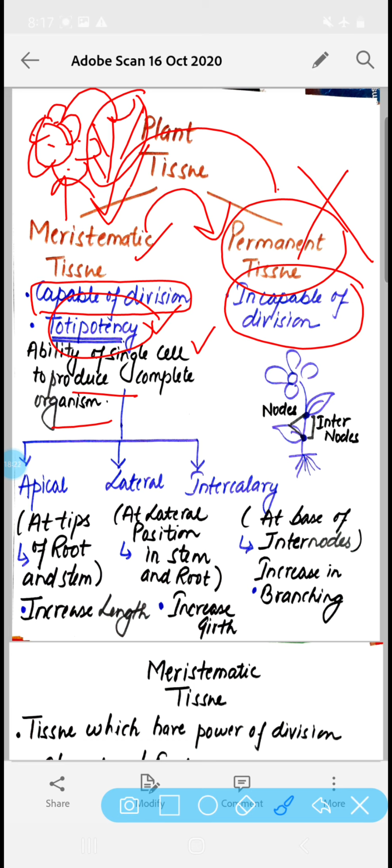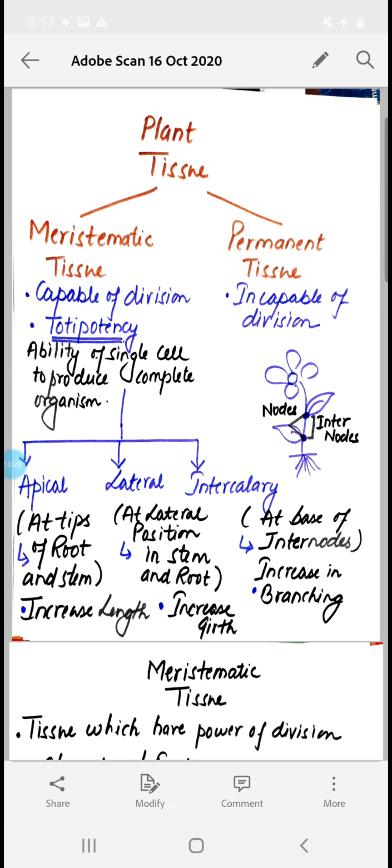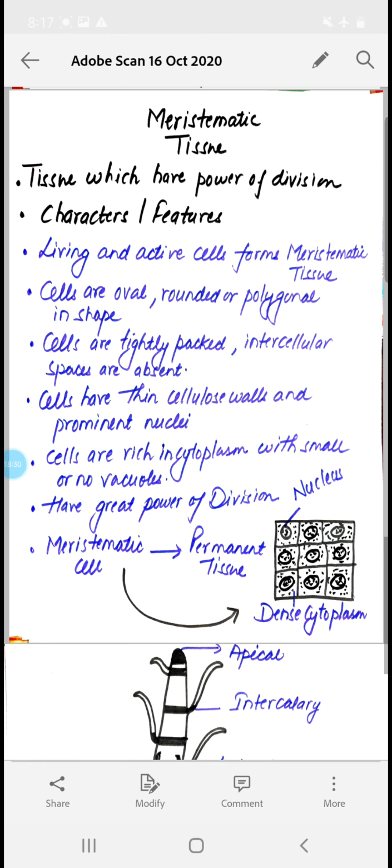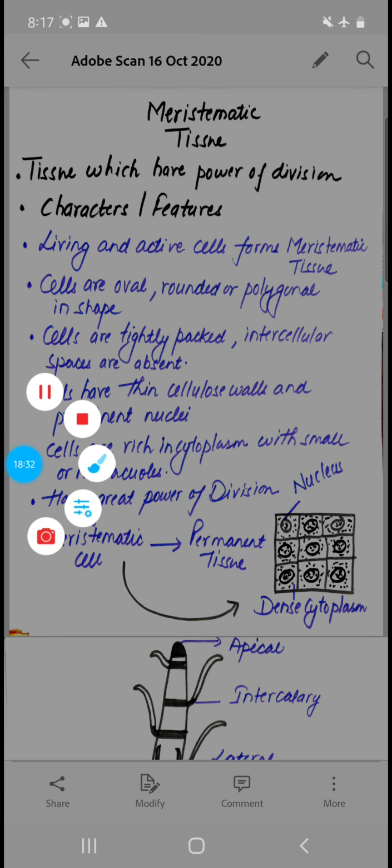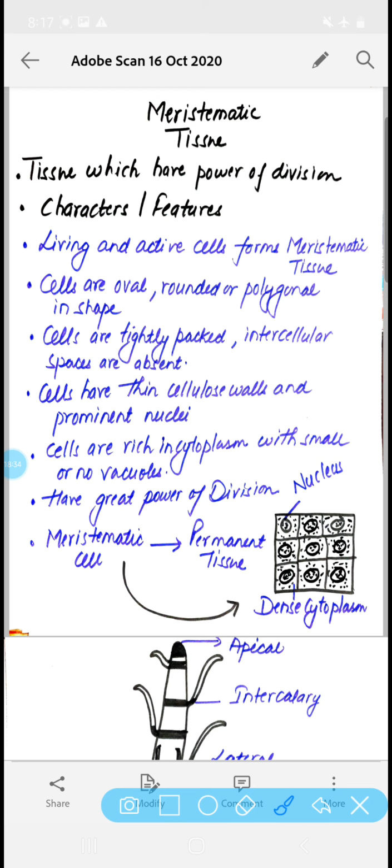Okay. Now basically the meristematic tissues have some special characteristic features which you should know. And again, this is a very important question, what are the different characteristic features of the meristematic tissues.